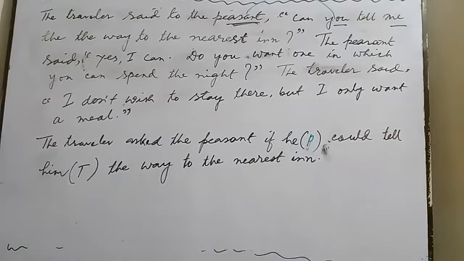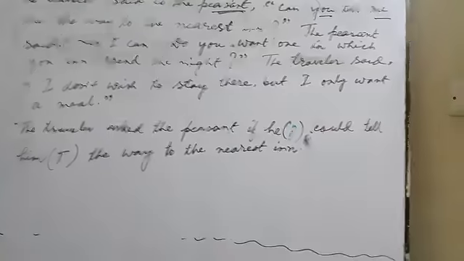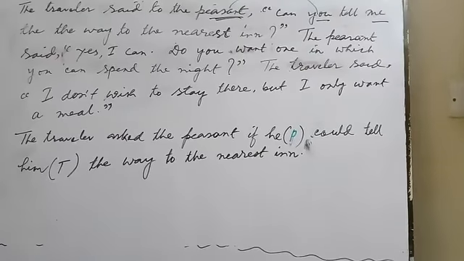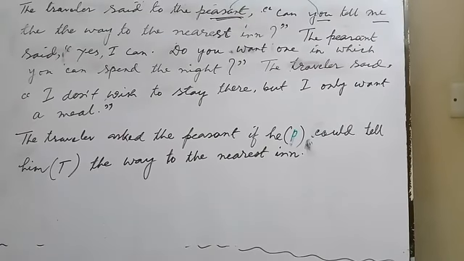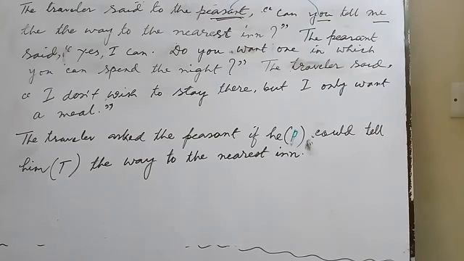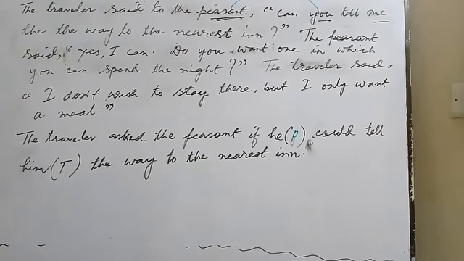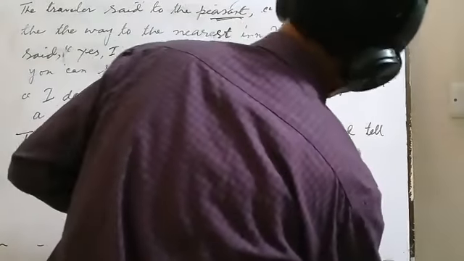The peasant said, yes, I can. Again you have got another yes. Okay, so no question mark. Can you tell me the way to the nearest inn? The peasant said, yes, I can. Okay, now the peasant answered that, or the peasant replied that he could.